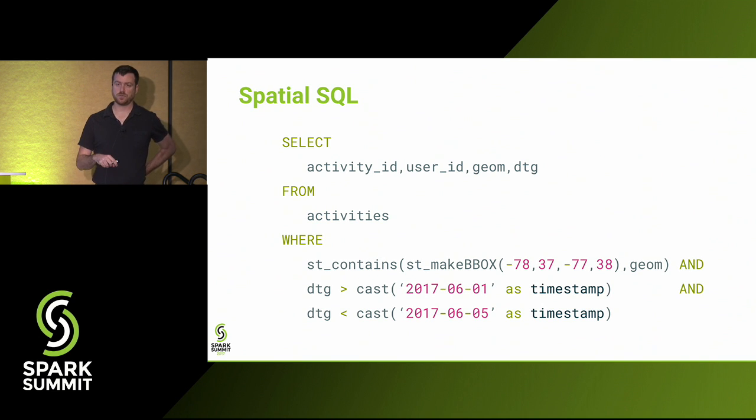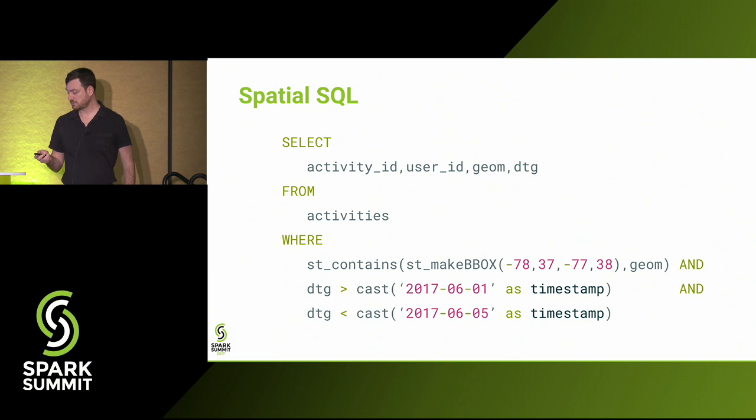In addition to the spatial data types, GeoMesa adds a whole bunch of different spatial functions to Spark SQL. Here's an example of Spatial SQL. This is probably the simplest example. We're really just querying our activities table for any records that fall within a geo predicate and within a date-time range.